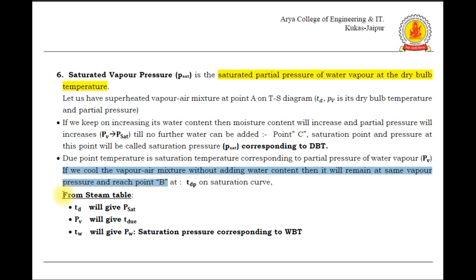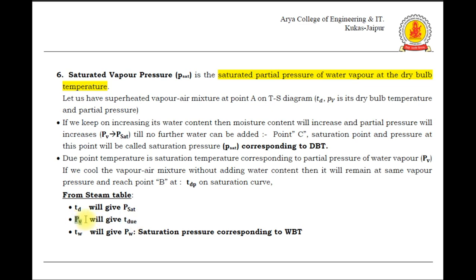What will be that point? While using the steam table, if we are given dry bulb temperature, then we can easily get saturation temperature. If we are given partial vapor pressure, then we will get dew point temperature, and vice versa. This is the important reading.